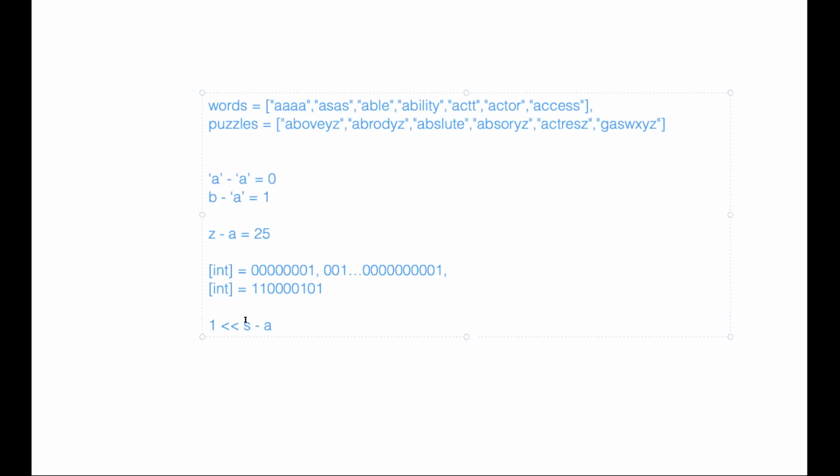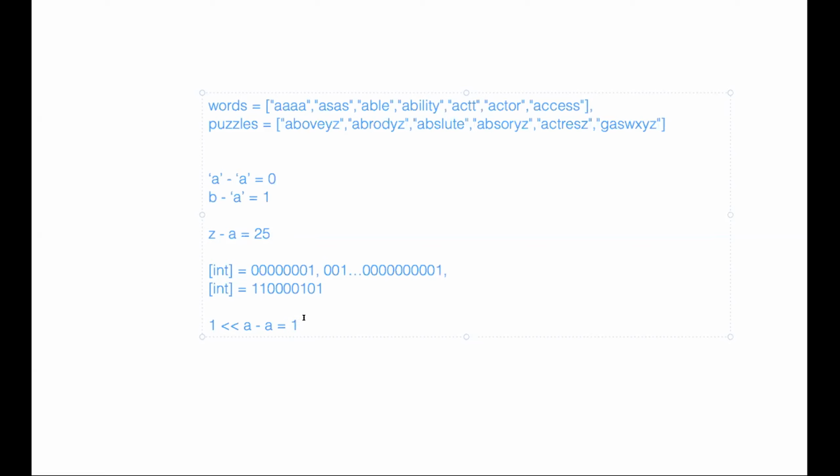In this case it is A. Do minus A, and then left shift by that amount. So we get 1 in this case, right? Correct? Yeah. So now take this as a mask for this puzzle, and go through all the words and do the OR. Or AND, right?